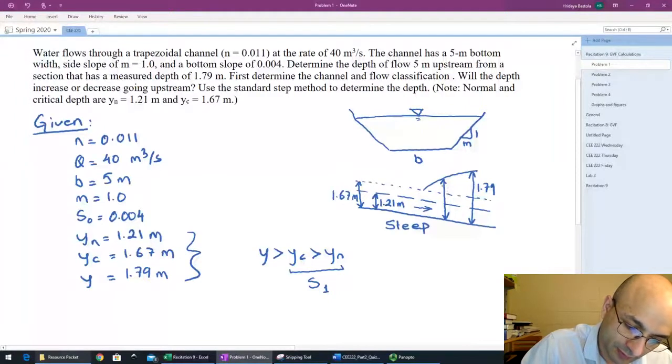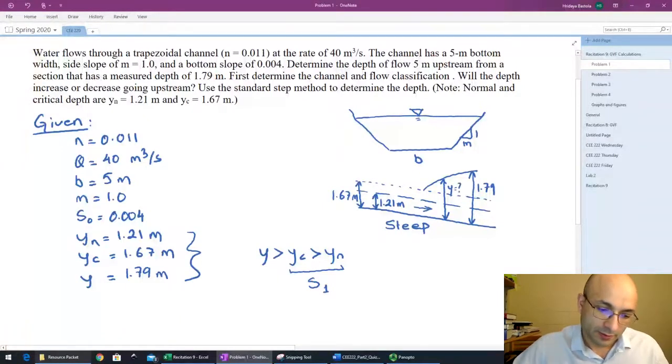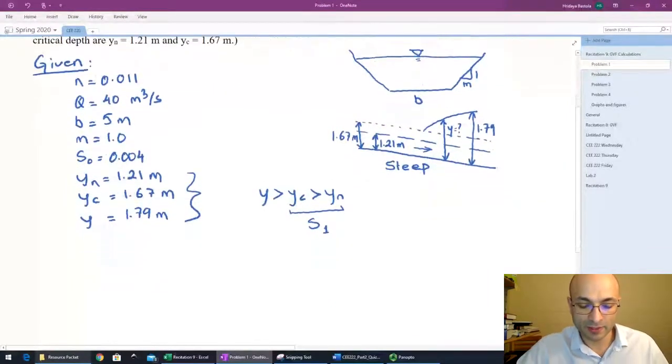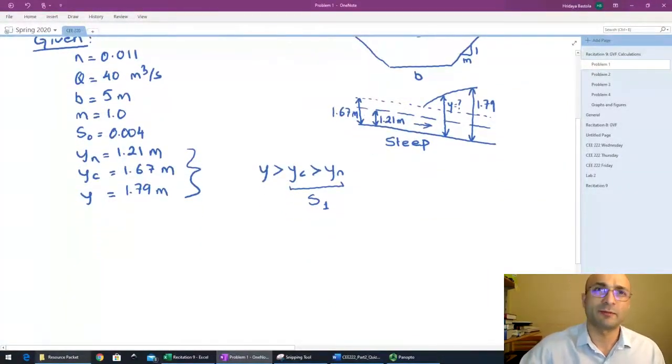So this is the depth that we would like to find out. So once we know what the curve is like, we can then think about the different parameters that we'll need to calculate in solving this problem.